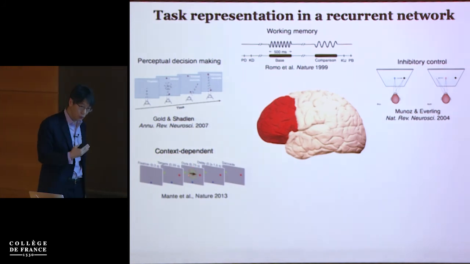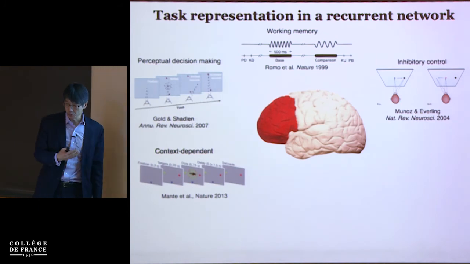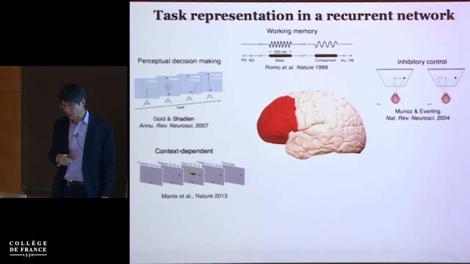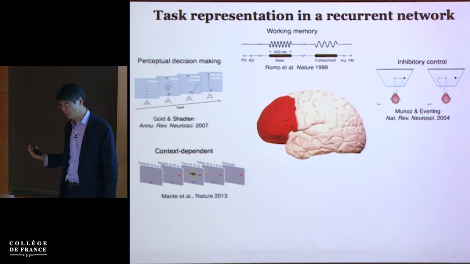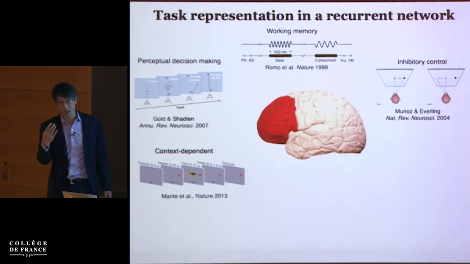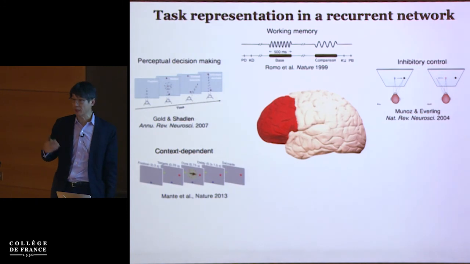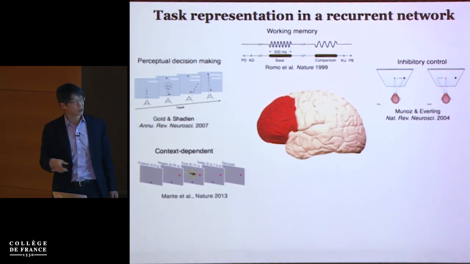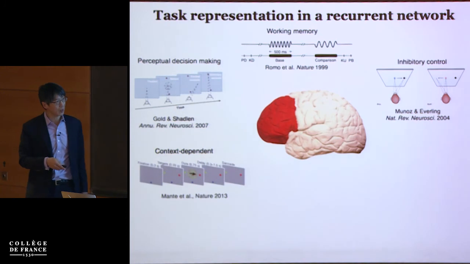Depending on the rule, if it's a direction rule, you just do the usual classic task. If it's a color rule, now you should ignore the motion signal and decide whether you see more green dots or more red dots. So there are two different tasks that depend on the context.